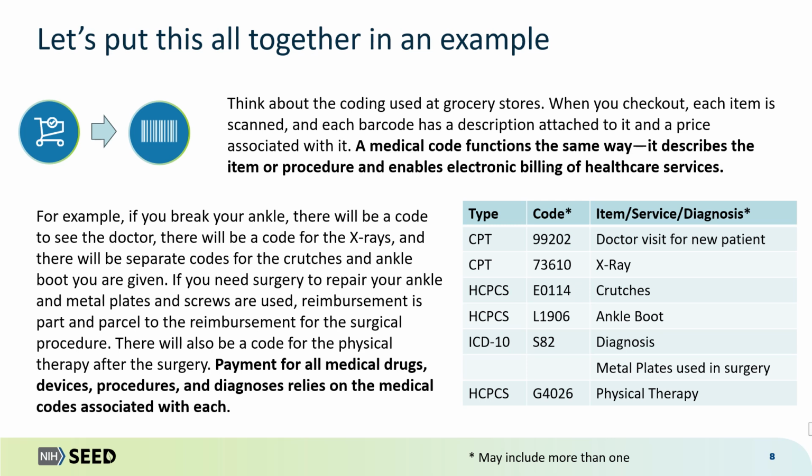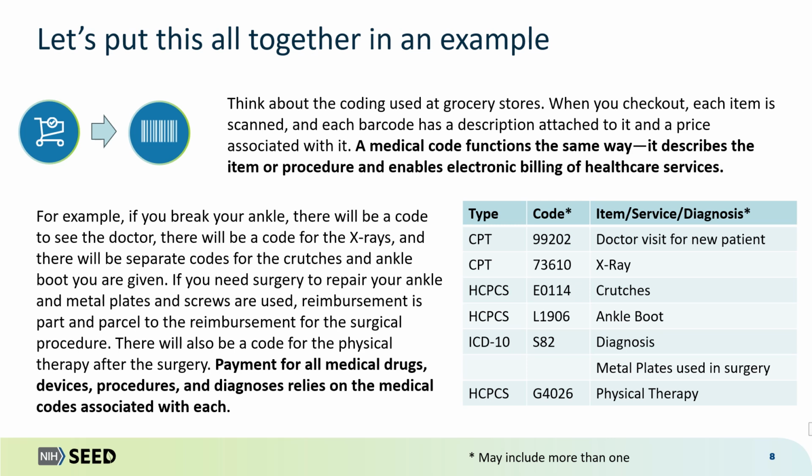Let's put this all together in an example. In our example, we have an individual who has broken their ankle. So this individual is going to encounter the healthcare system via a doctor's visit for a new patient, which is represented by CPT code 99202. And our physician orders an x-ray, which is CPT code 73610, and also some crutches and an ankle boot, which are represented by HCPCS codes.